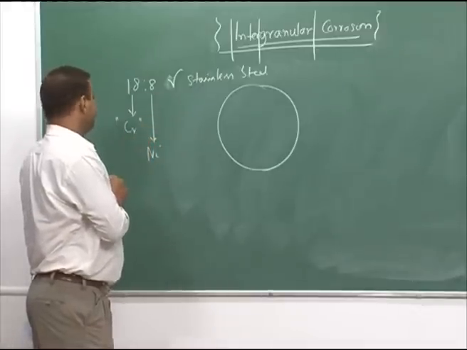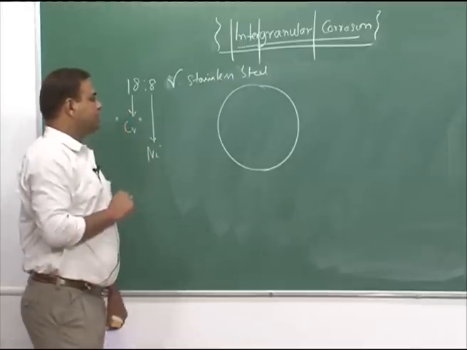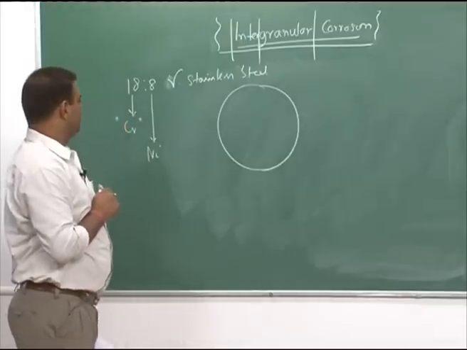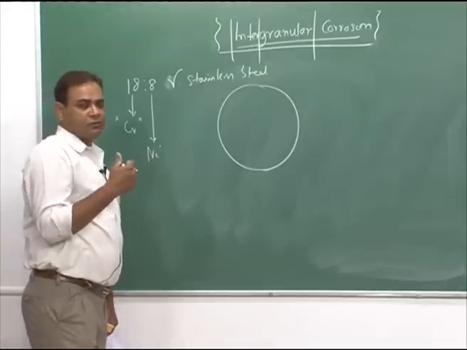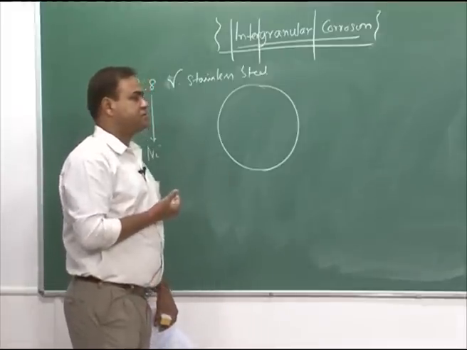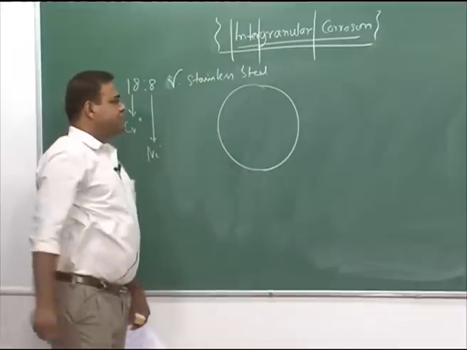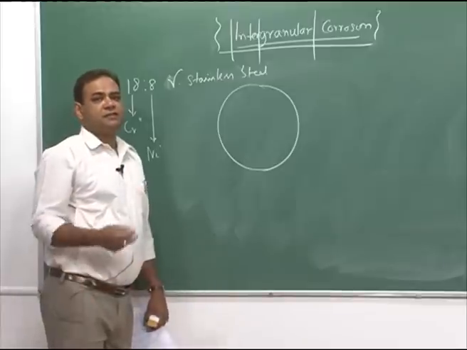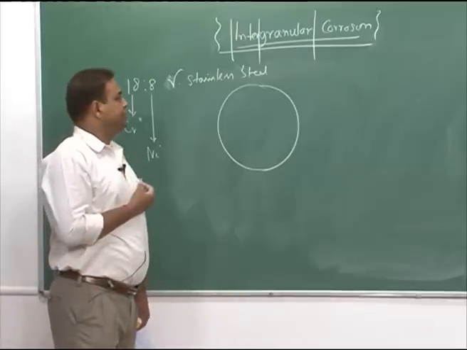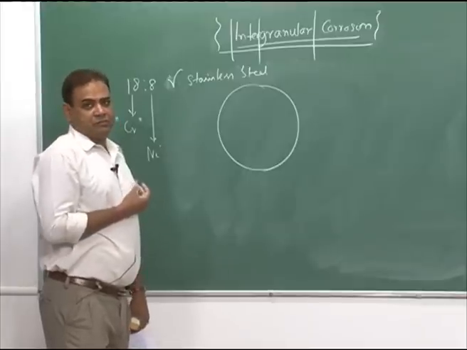That chromium content is effective in forming a passive layer of chromium oxide, which gives the passivity, and that is why stainless steel does not stain or rust.